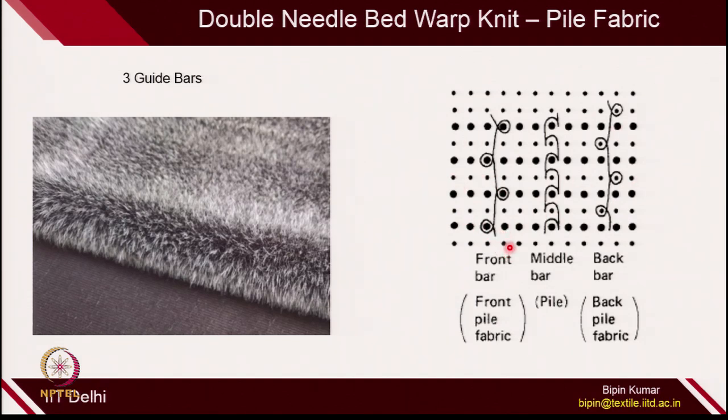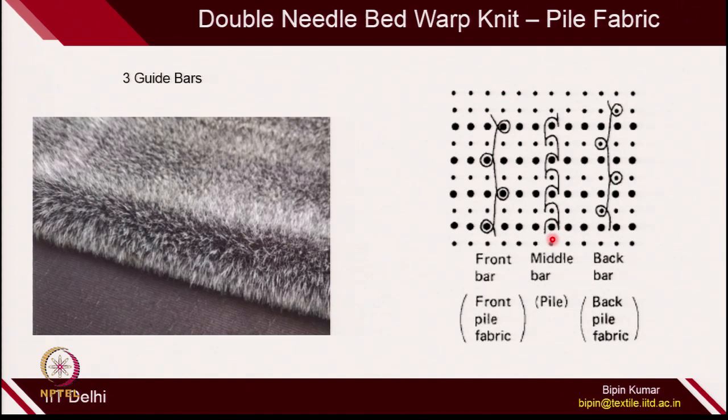So, if you see the front bar, it is actually making loops only with the needles of the front bed, and if you see the back bar, it is making loops only with the back bed, which is the smaller needle. Okay. And then there is one bar which is connecting both the beds, the middle bar, which is the connecting bar, which is making loops with front and back needles.